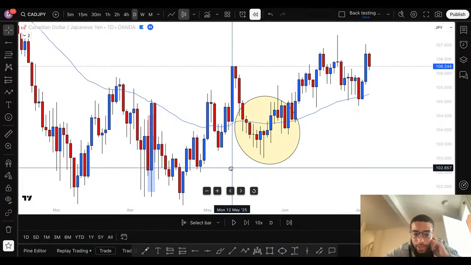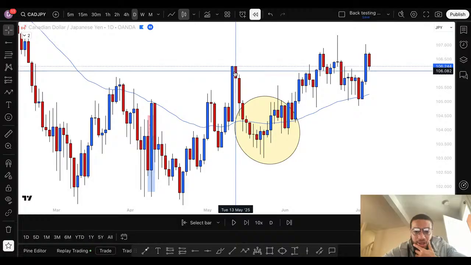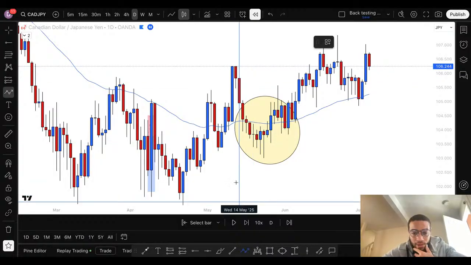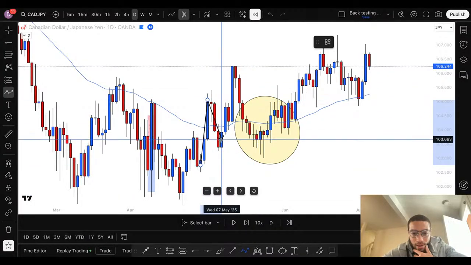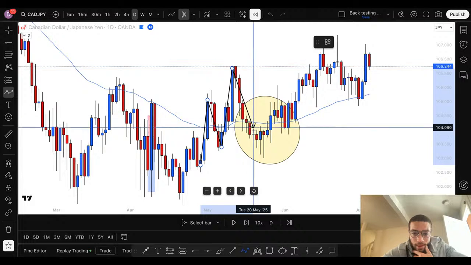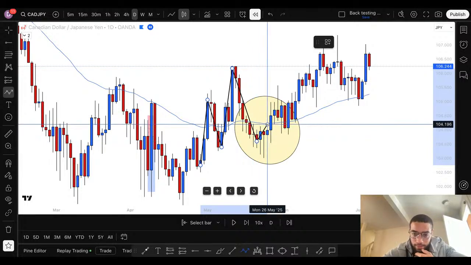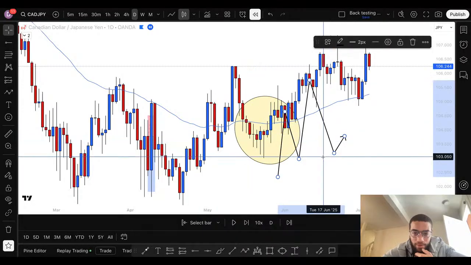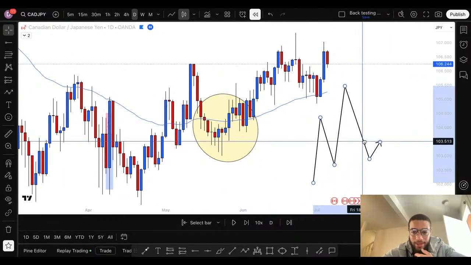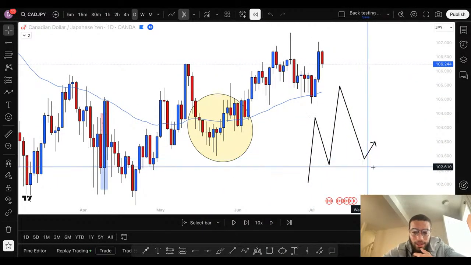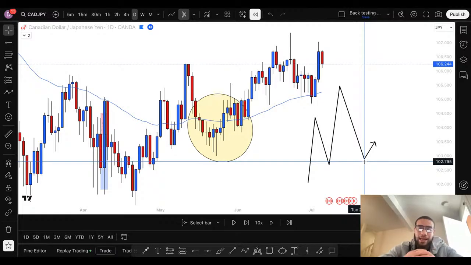And I happen to see, okay, the daily is currently creating a higher low. Now, the current stage the daily is at is this. Daily is at a higher low, which means we should push up.